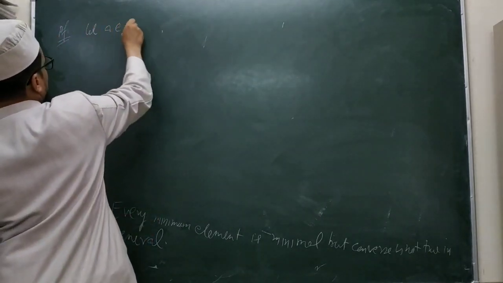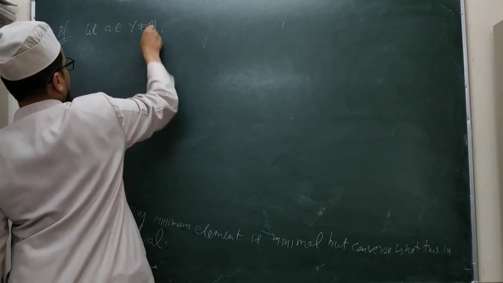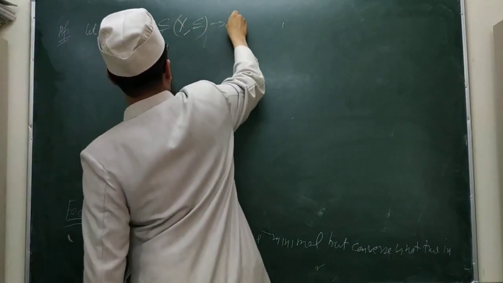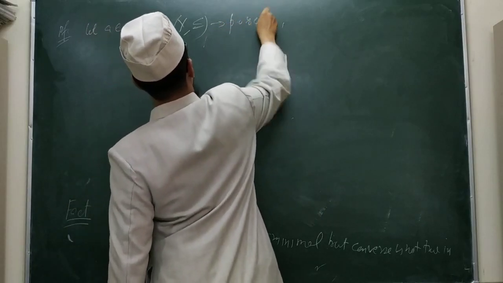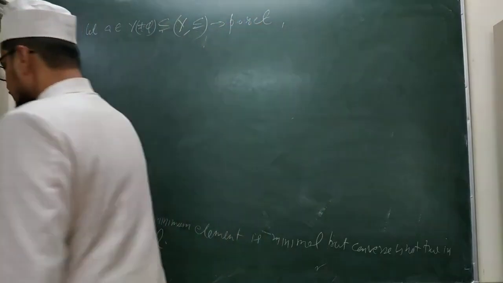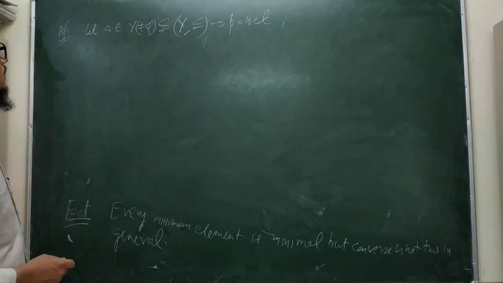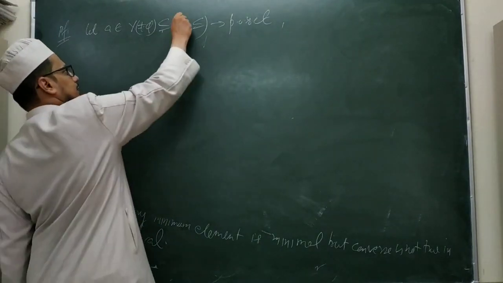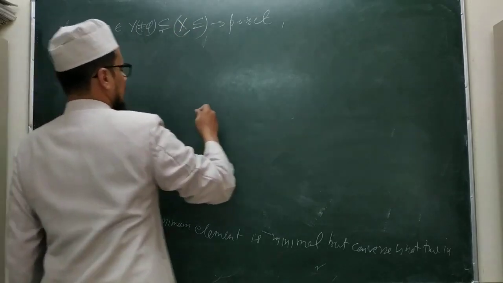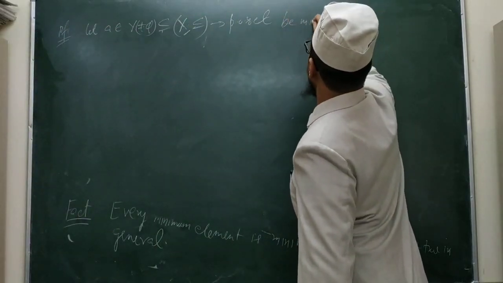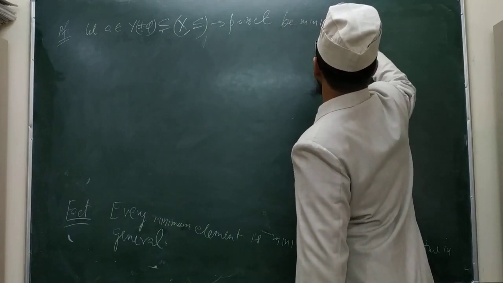Let a belongs to Y. Y is a subset of partial ordered set X. Let a be a minimum element.